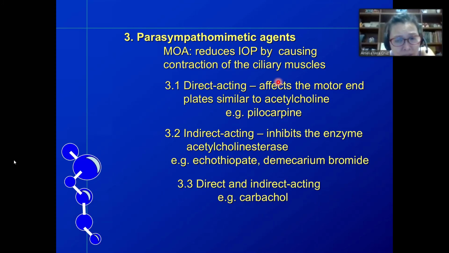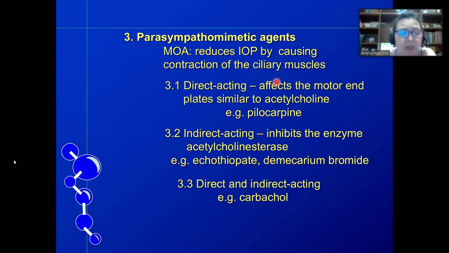And it will also pull the root of the iris away from your trabecular angle, from your anterior chamber angle, thereby opening your trabecular meshwork, your drainage system.